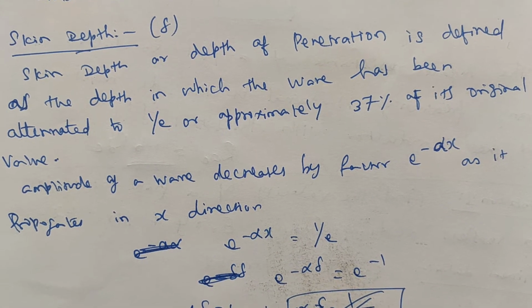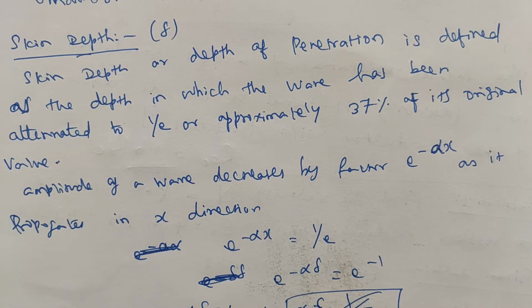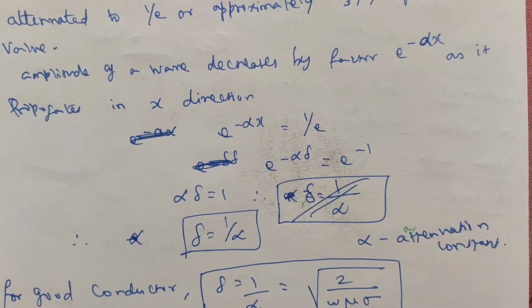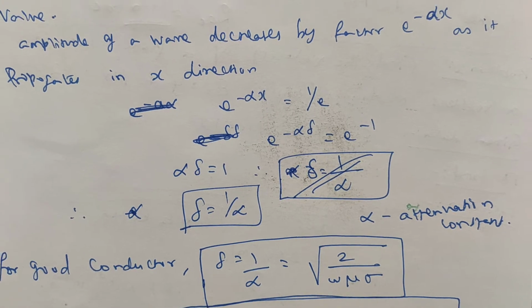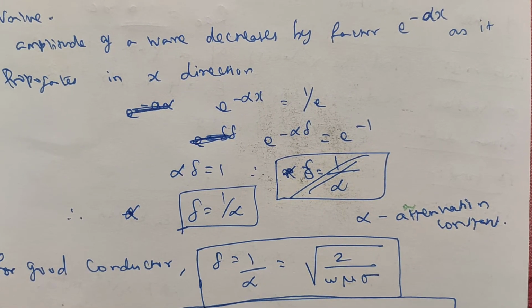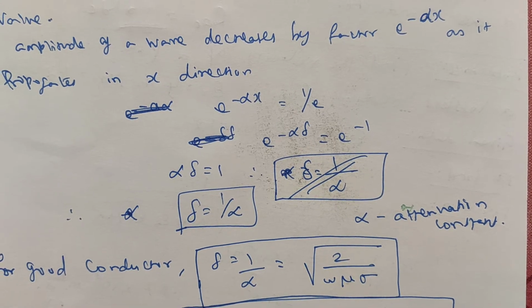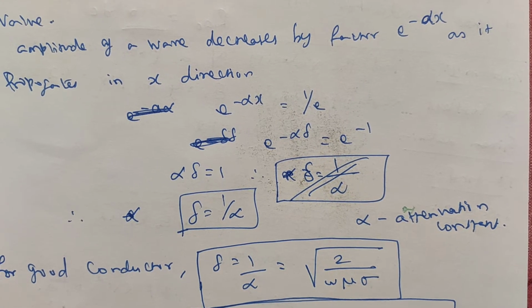Now we can derive the value of the skin depth, delta. To derive it, we are considering an amplitude of a wave which is decreased by a factor e^(-αx) as it propagates in the x direction.